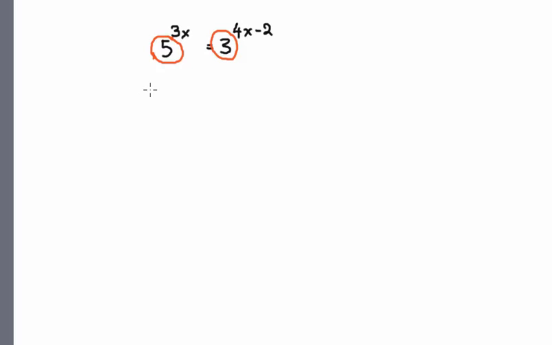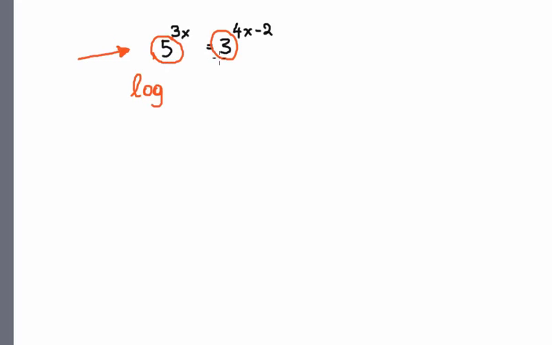How do I solve this type of equation? Well, the only way to do that is by taking a logarithm of both sides. If these two quantities are equal, then the logarithms of those two quantities will be equal too. Now the trick here is that I need to use as a base one of the two numbers, either 5 or 3.